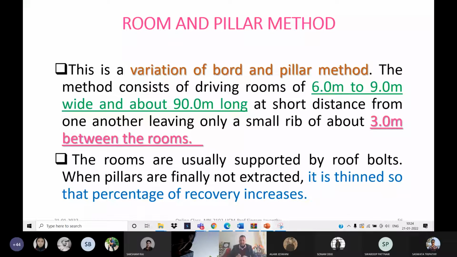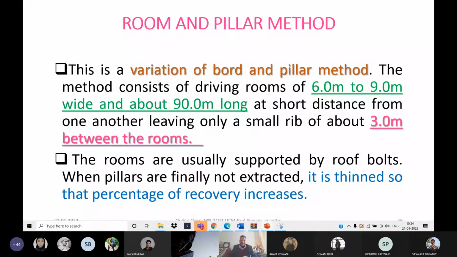In this method, what they do is, they have this board, BORD, right? Board or the gallery. Gallery is the terminology, or it is also called a room by them. This room or gallery or the board is about 6 to 9 meter wide and about 90 meter long. So this is how their room and pillar is termed.